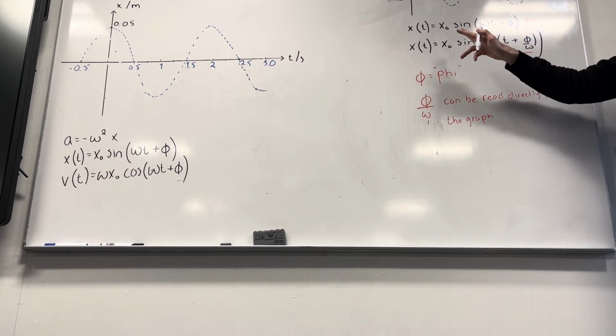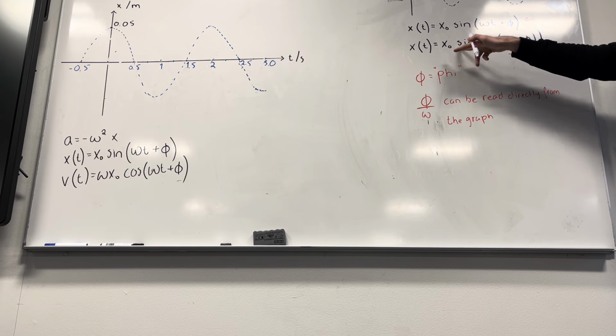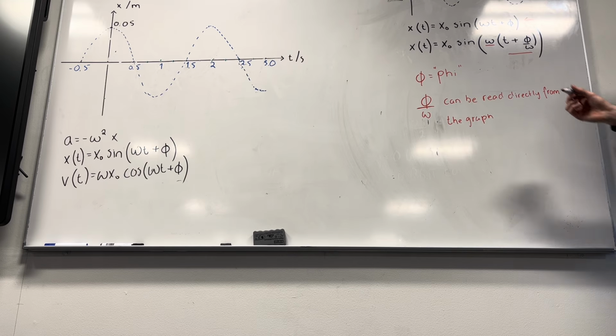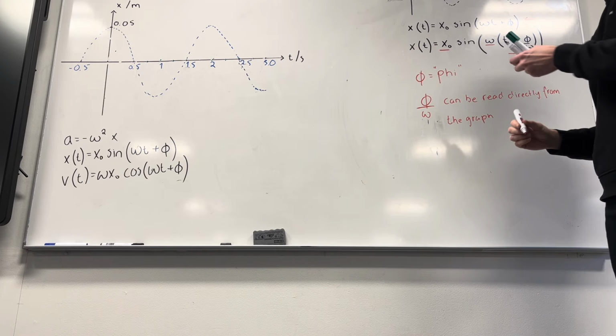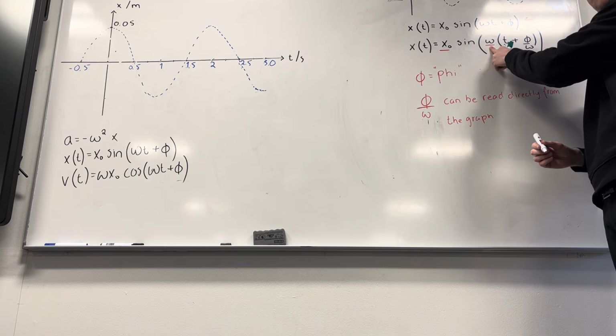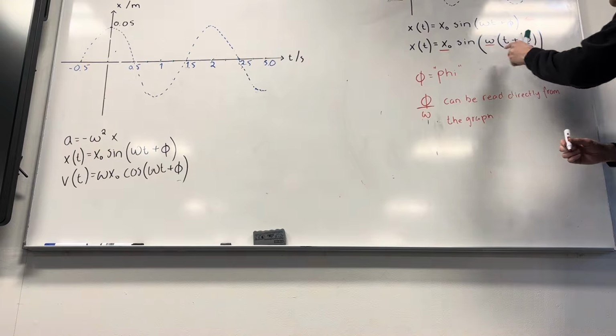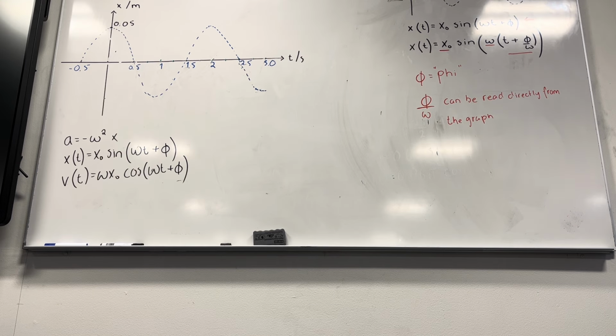That's why I like to write my function this way: I can read x0 directly off the graph, I can calculate omega by finding the period, and I can read directly what phi divided by omega is from the graph.